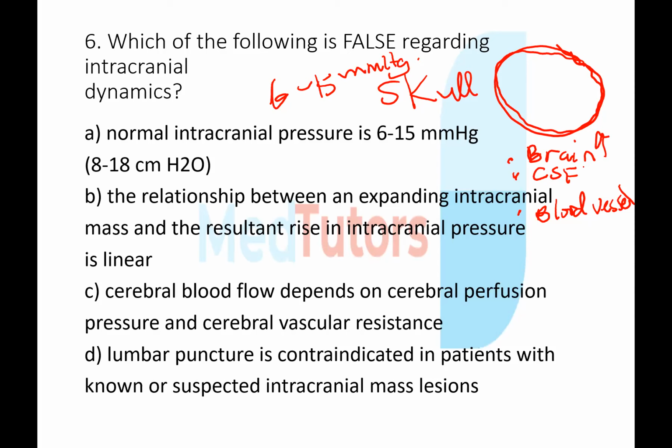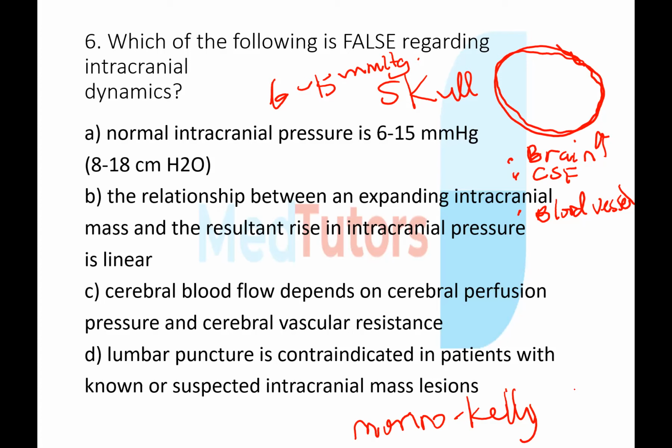Not in the pediatric age group where the fontanelles have not fused, of course. We are talking about an adult. Now, you need to know about the Monro-Kellie doctrine, or phenomenon.